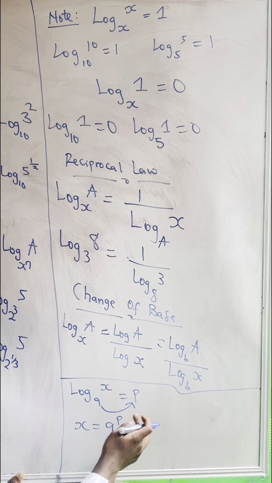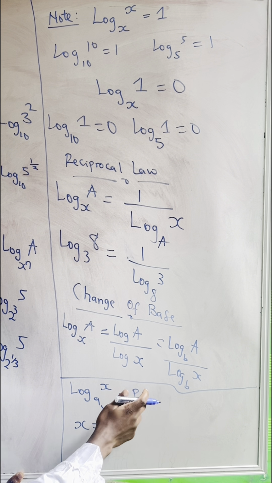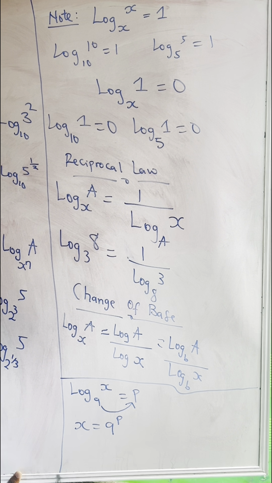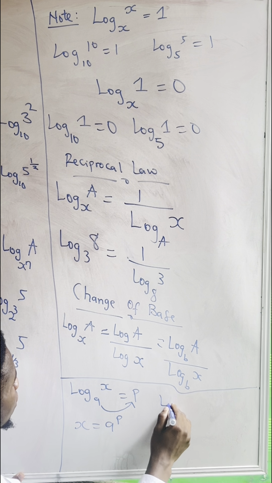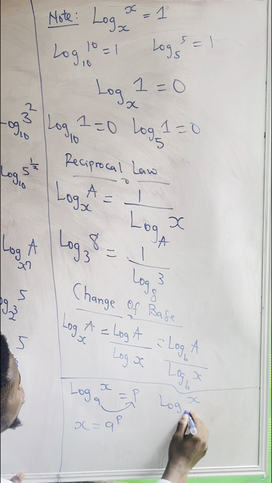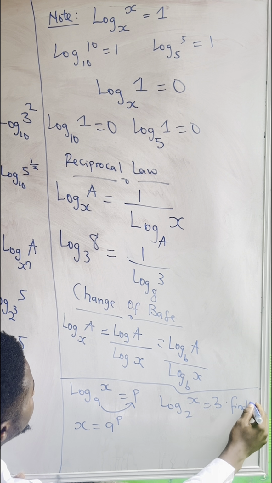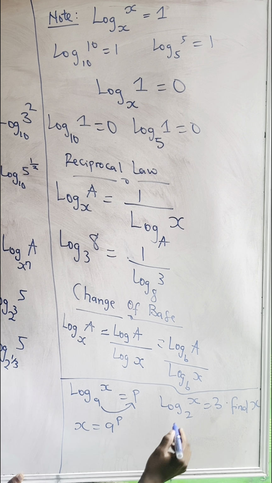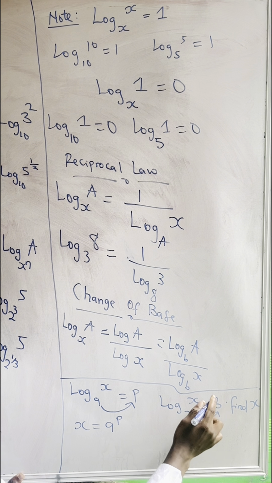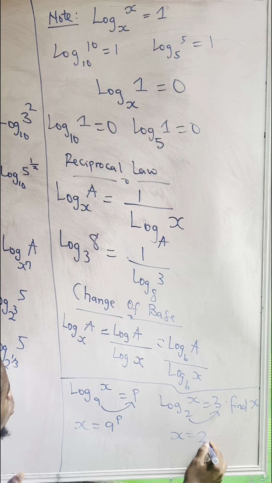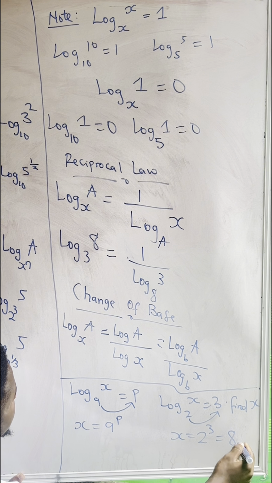This simply means that once you move it to the other side, it becomes its power. For example, log x base 2 is equal to 3. Find x. Taking it to the other side, x is 2 to the power 3, and that equals 8.